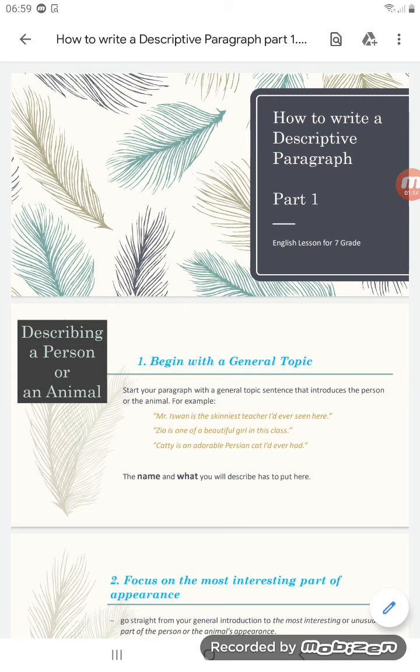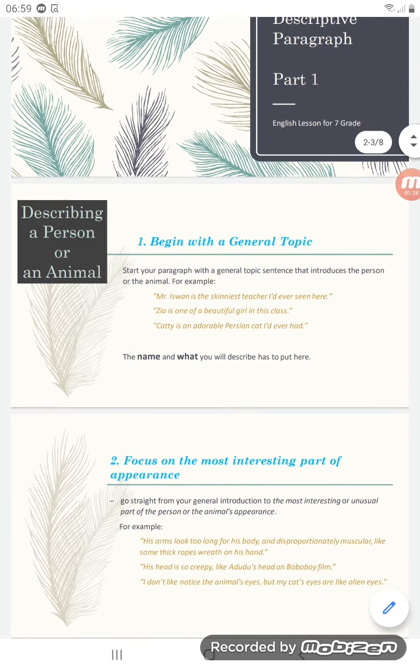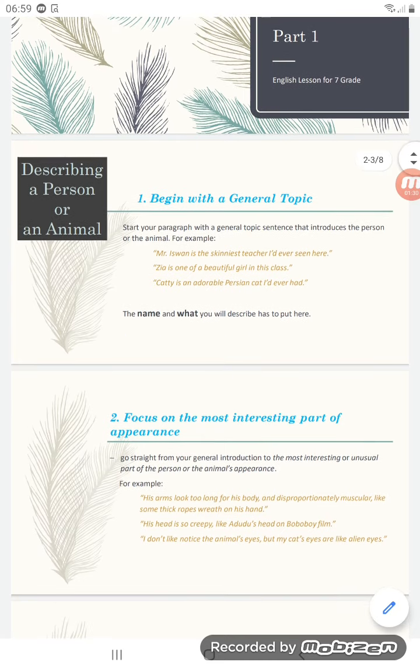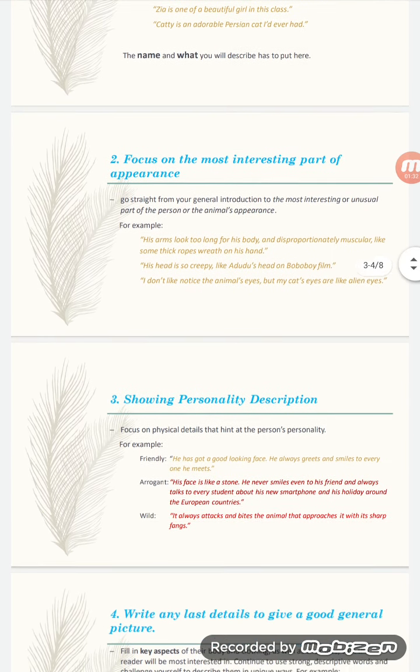It is used for describing a person or animal. If the question is about how to describe a person or animal, you can find the answer here.